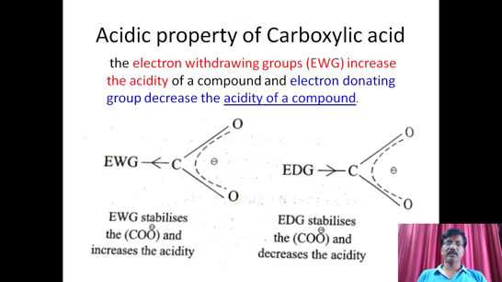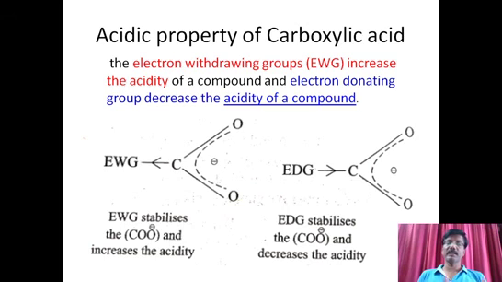Since it is having minus charge, it becomes more stable if the charge is reduced. Same principle. Whenever we are talking about any ion, the point is that the charge should be reduced. So which can reduce the charge on COO minus? Electron withdrawing groups, that is minus I effect.